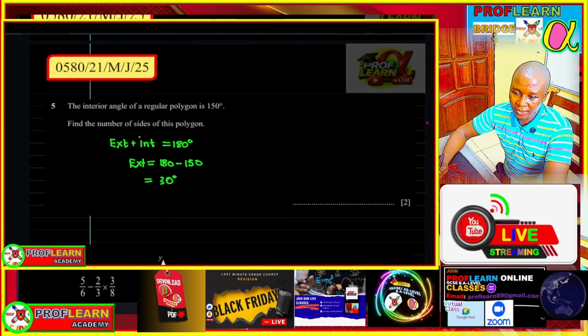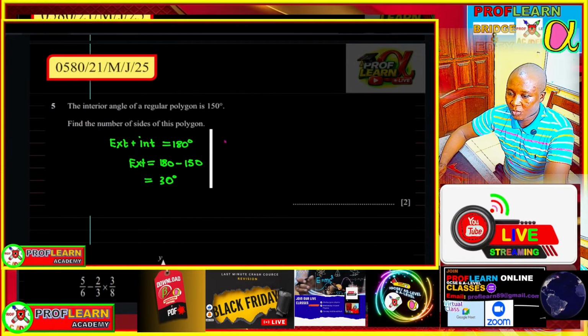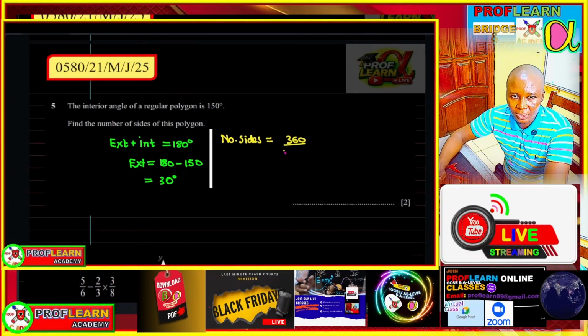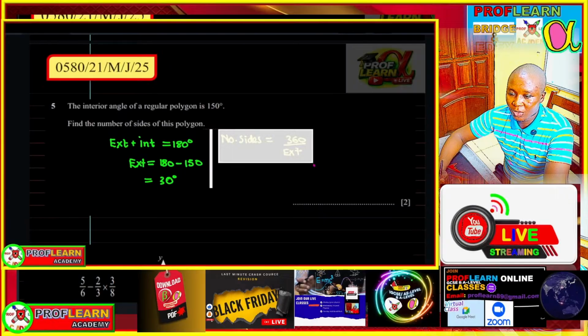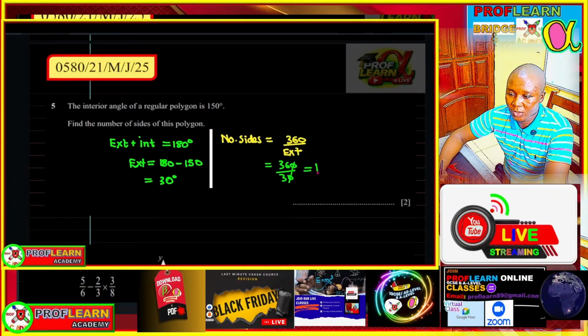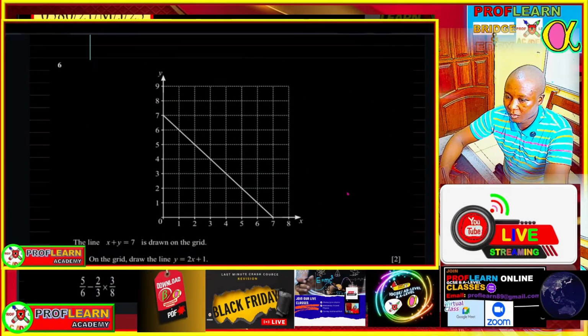So 30 degrees is the exterior angle. Then to find the number of sides, we say the number of sides of a regular polygon is equal to 360 divided by the exterior angle. So we divide by 30, which is the exterior angle, and that is going to enable us to work out the number of sides as shown there.